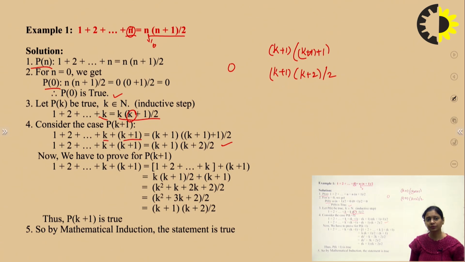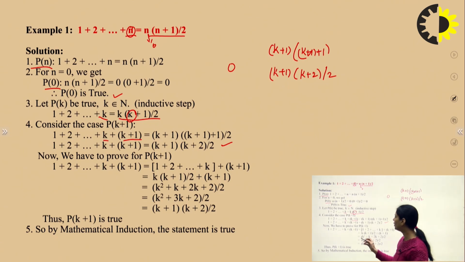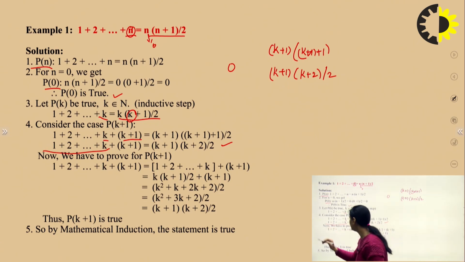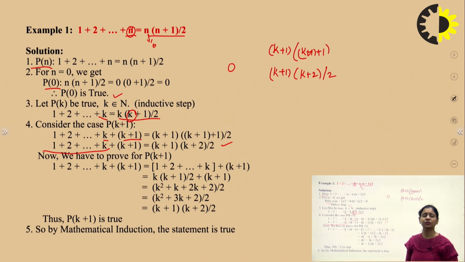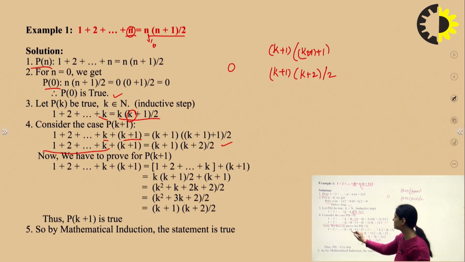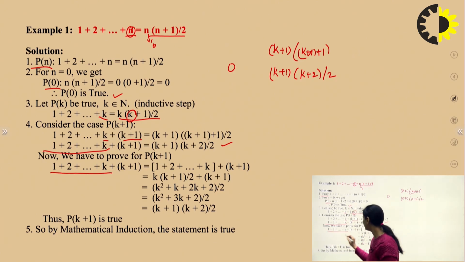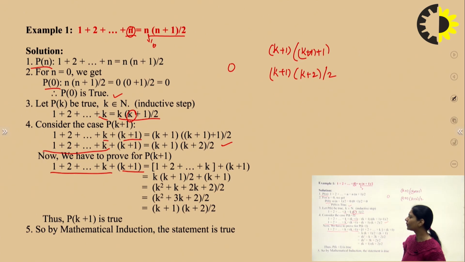Now how will we do that? Well, we already know that till k it is k into k plus 1 by 2. So this is basically 1 plus 2 till k, and this is another term. Till k we already have k into k plus 1 by 2, and we have one more term k plus 1 added to it.